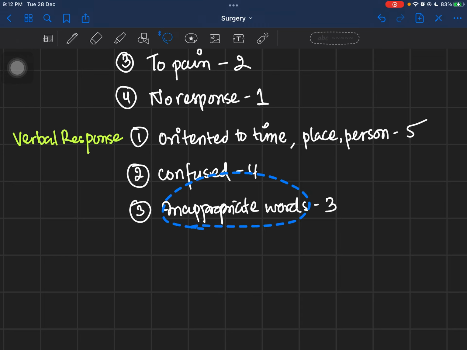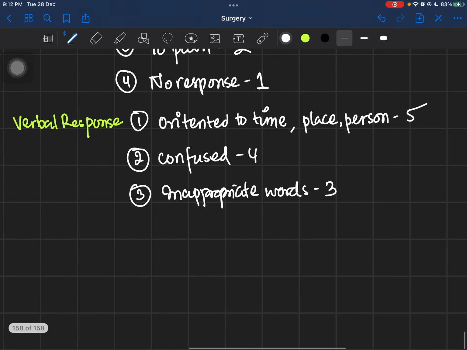The patient is just blabbering some inappropriate words. That would account for a score of 3.